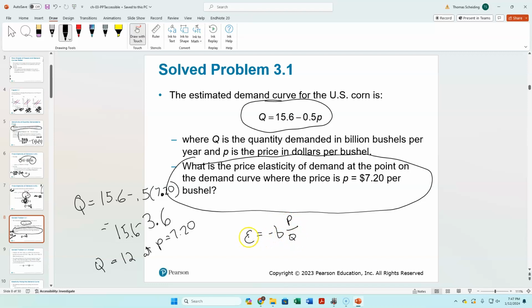So for my equation for price elasticity of demand, which is equal to negative bP over Q, that would equal negative 0.5 times 720 over 12.